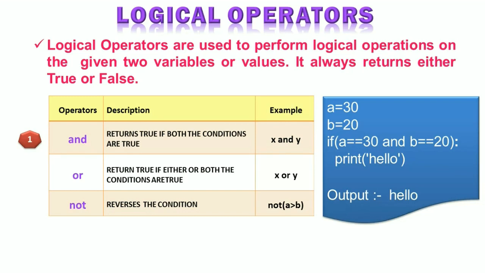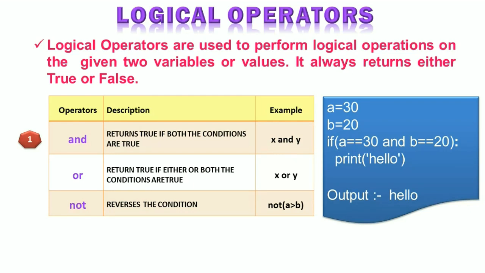Since both the conditions are true, it will give the output as hello. In case of AND, if any one of the conditions is false or both the conditions are false, the result will not be true. It will be false.